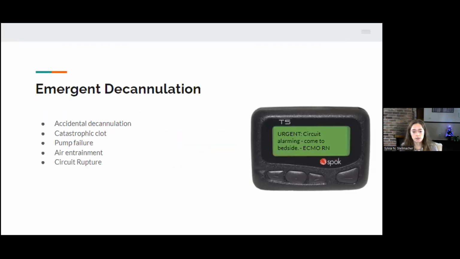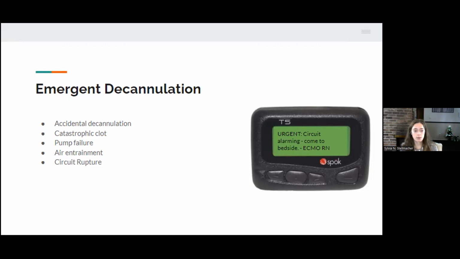Some of the complications that can happen can result in the need to urgently take someone off of VA-ECMO. These include accidental decannulation, which can happen, say, if a patient awakens from sedation, accidentally pulls a cannula, which is rare. If there's a catastrophic clot, if there's pump failure, if there's air entrapment, or sometimes or rarely circuit rupture.